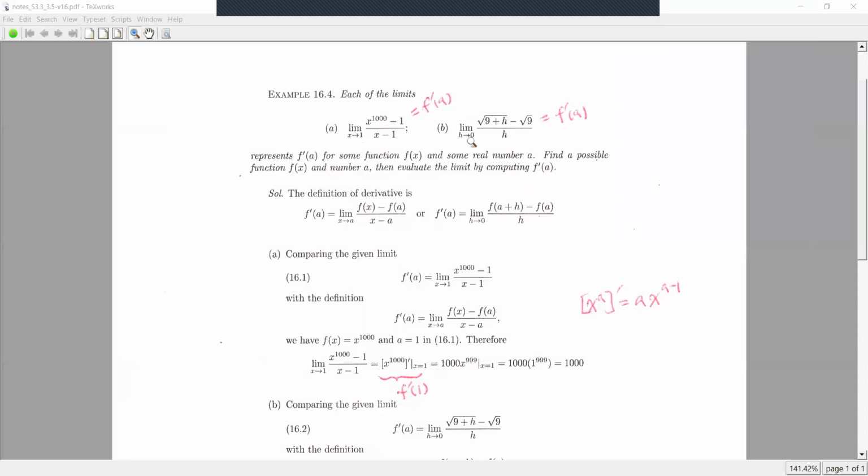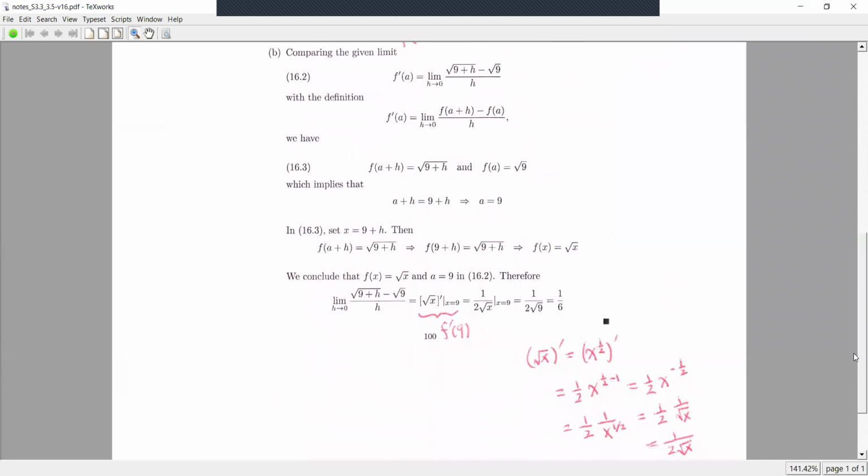Part B. The given limit is the derivative of some function f at some point a. To find the function f and the point a, this time I compare the given limit with the second formula. This is the given limit, and this is the second formula.